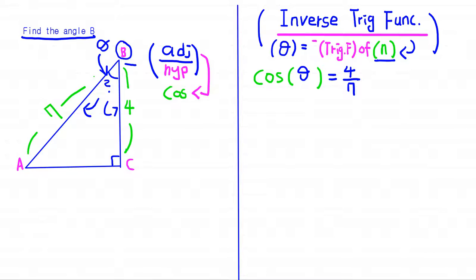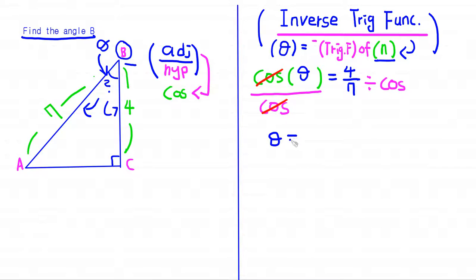And the same thing here, we divide cosine from both sides in order to isolate theta on the left side. On the left side, the cosine will cancel out.